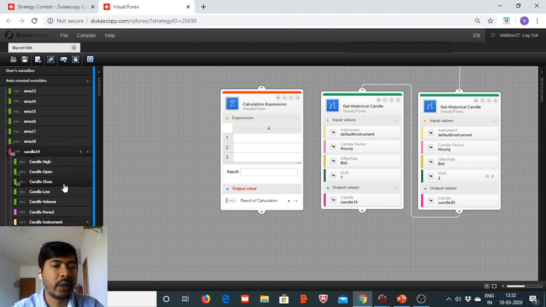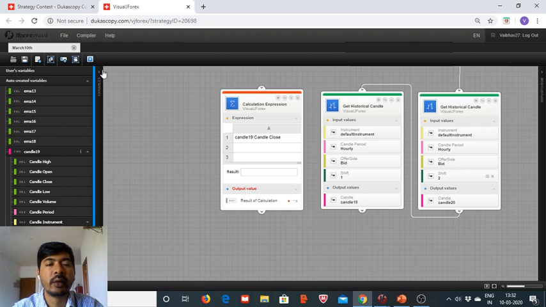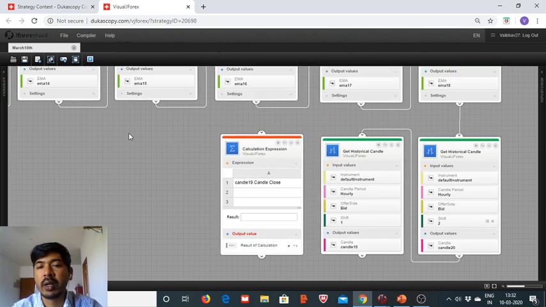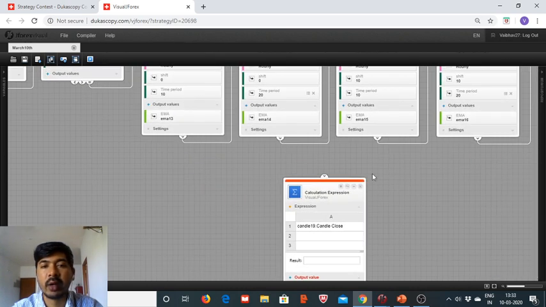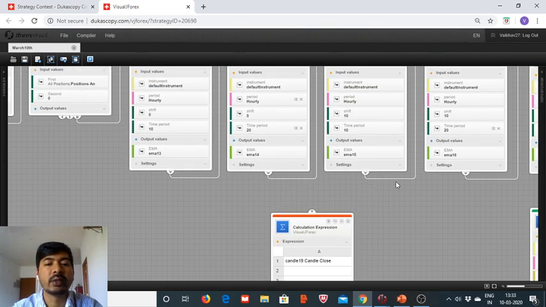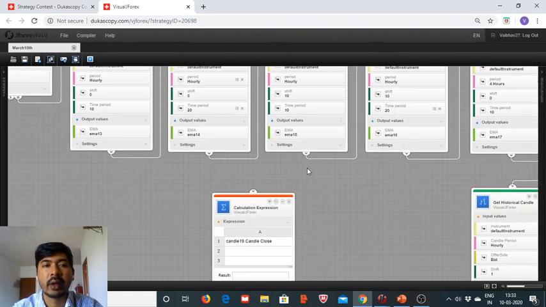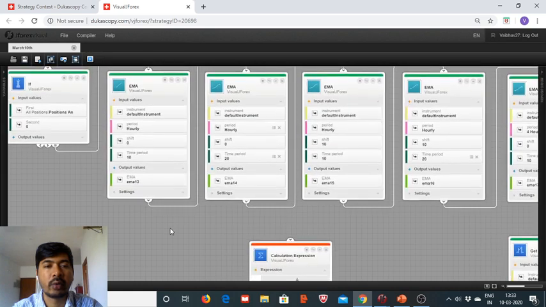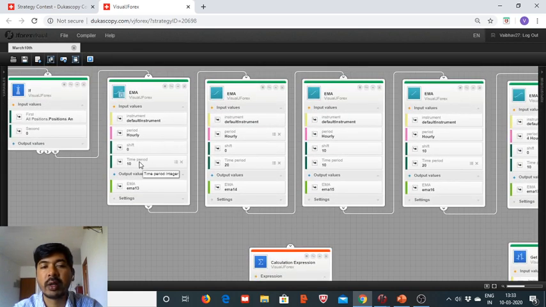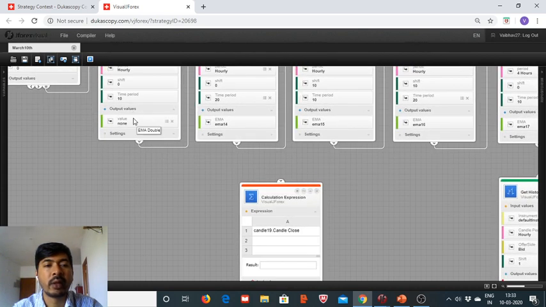Here is candle 19th close, and now we will need to deduct the EMA 10 from candle 19 and then define the desired pips. Again, for that we will need an additional calculation expression block, and this is the current EMA 13. Here you can notice that it is hourly, shift is 0 means current EMA, and the time period is 10 means the 10 EMA.